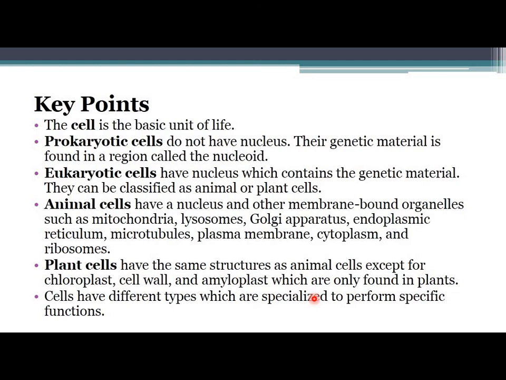And then cells have different types, which are specialized to perform specific functions. So yung shape, yung size ng bawat cells na meron sa body ng isang organism, nakadepende yan sa kanyang functions, no?